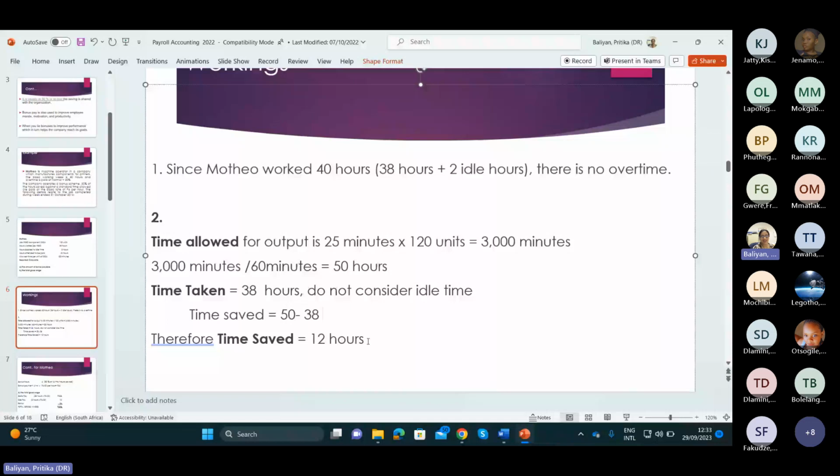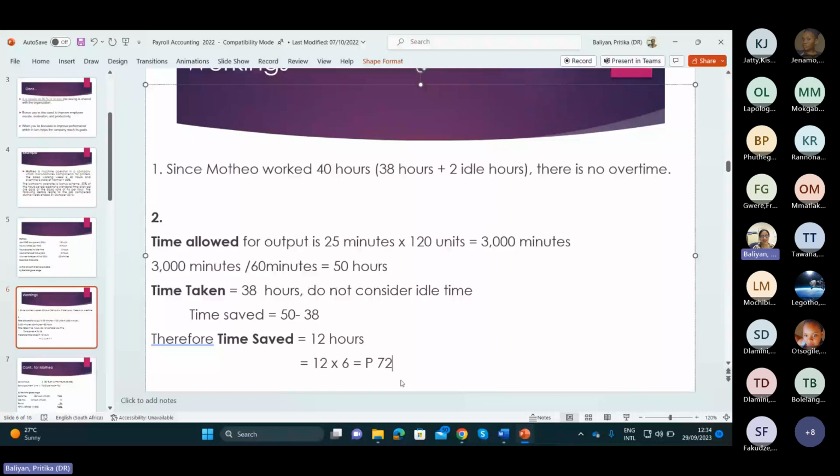What is the payment or remuneration for 12 hours? What is the rate? It is 6 pula per hour, right? So the total payment for the 12 hours is 12 times 6, because the company pays 6 pula for each hour. 12 times 6, how much is it going to be? 72 pula, right?